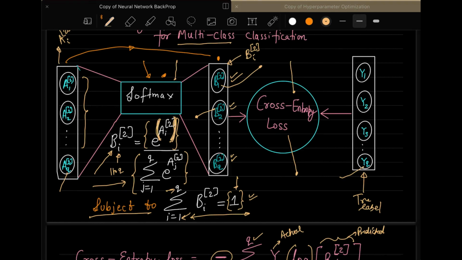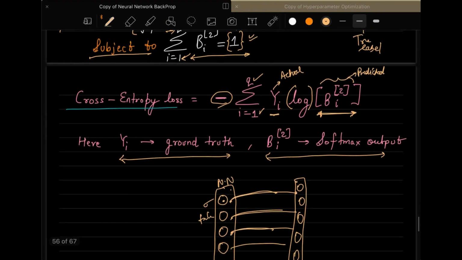There are no trainable weights here. You can see that, right? So it's a mathematical transformation just to represent this particular AI2, which is coming from the neural network, into a different form, which is BI2. Since there is no learning of weights here, because there are no trainable parameters, whether you do it on the last layer itself or after that, it doesn't matter. So it's not a problem. Okay?